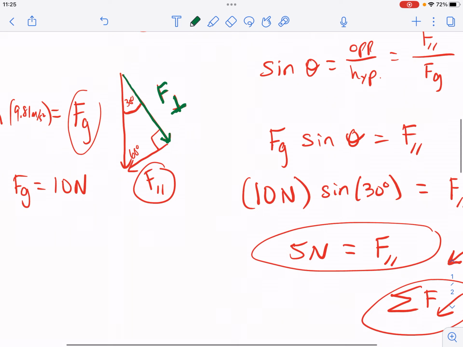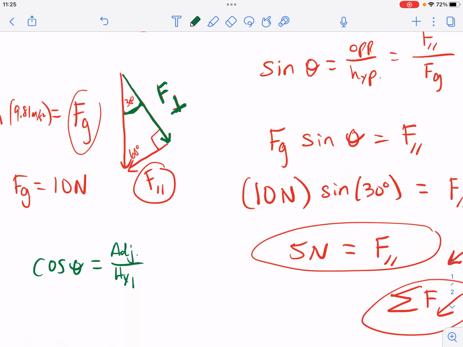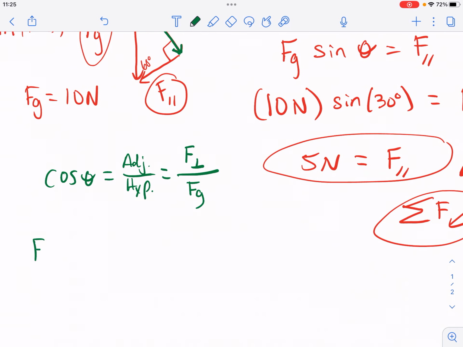According to this triangle, that is the adjacent side to the 30-degree angle. So I'm going to use the cosine. The cosine of an angle is the adjacent side over the hypotenuse. In this example, the adjacent side is this perpendicular part of the force, and the hypotenuse, once again, is gravity. And so now I solve for that.